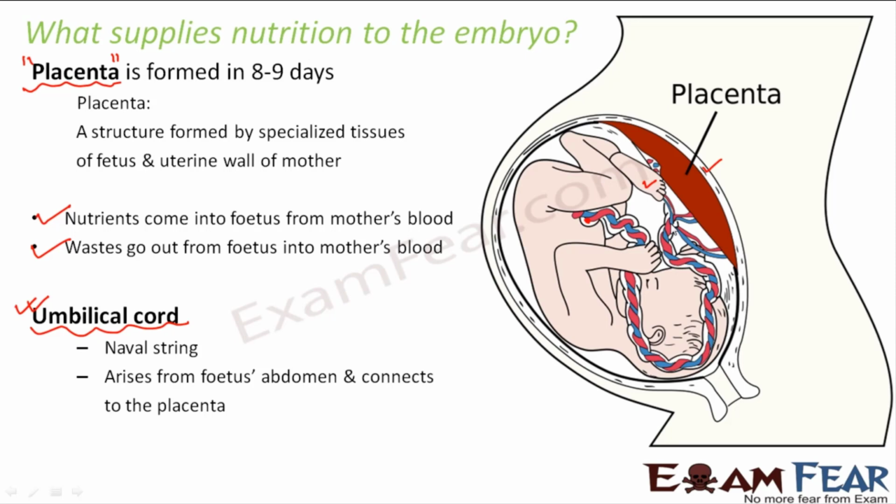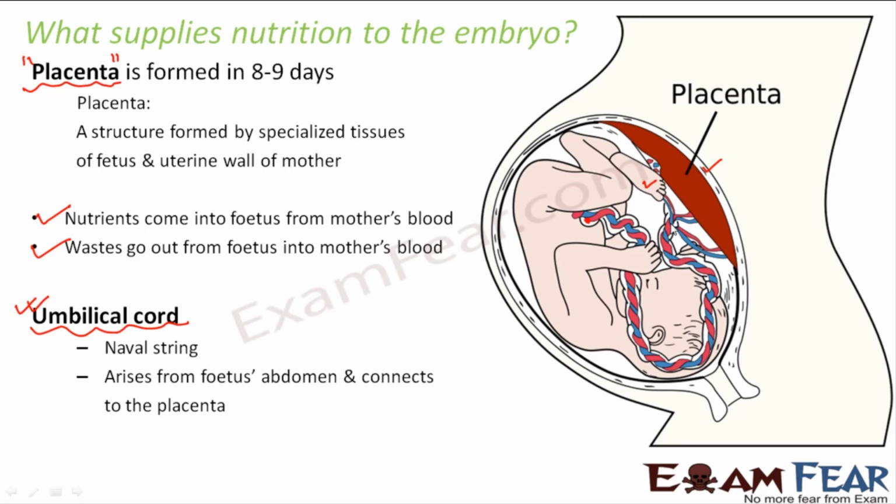So the total development of the baby takes place in around 9 months, and the baby gets all its nutrients from the mother's body. So that is why it is said that when a lady is pregnant, that means when she is carrying a baby inside her uterus, she should get a proper diet. She should eat properly, because whatever food she eats, a part of the food goes to the baby as well through the placenta.